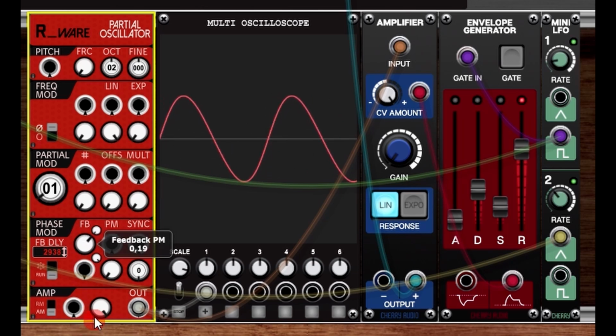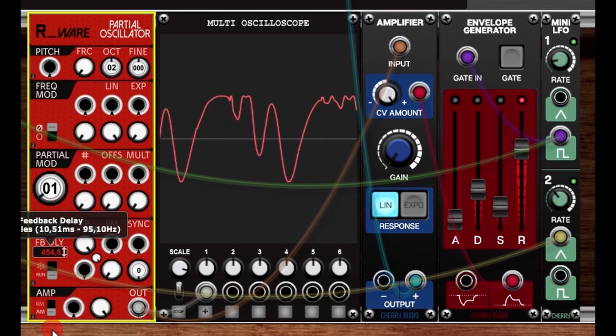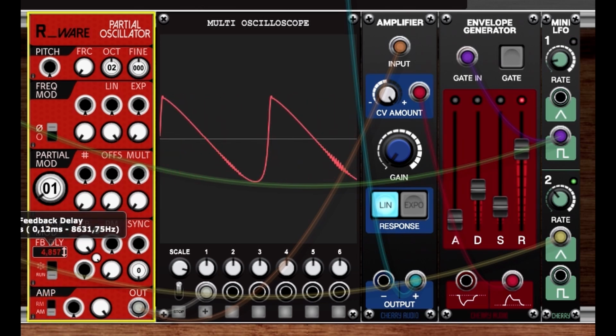Now I increase it again. Let's go down to minimum adjustment again.